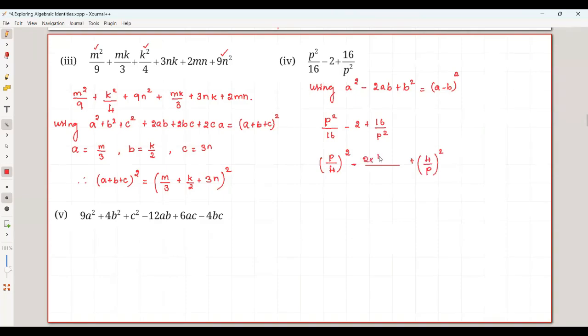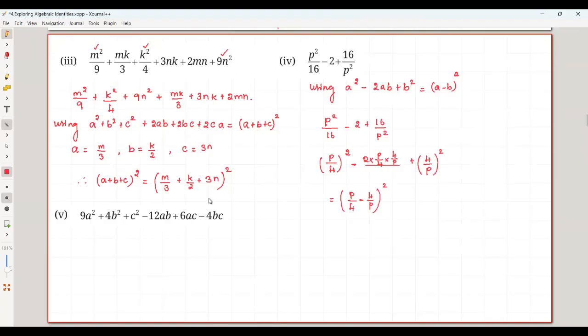So a value is p by 4 into b value is 4 by p. If you simplify, this 4 gets cancelled, p gets cancelled, we'll be getting only minus 2. So therefore, we can write the formula as (a minus b) the whole square, that is (p by 4 minus 4 by p) the whole square. Now this is the answer.